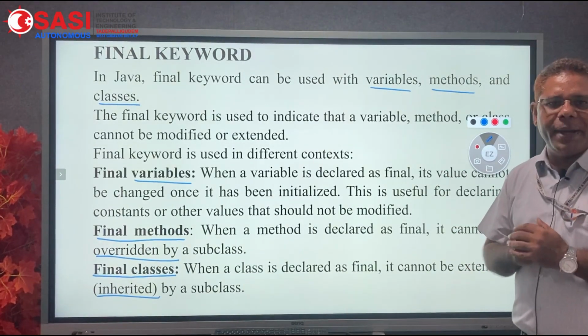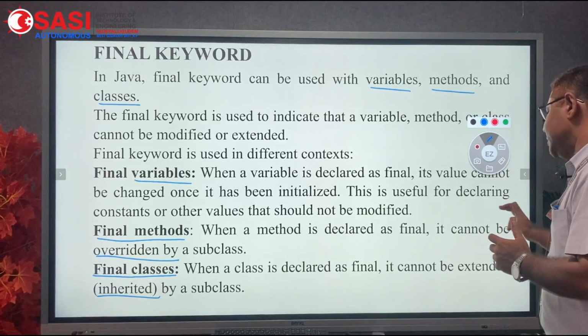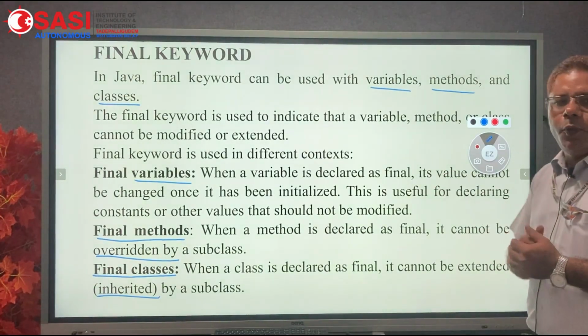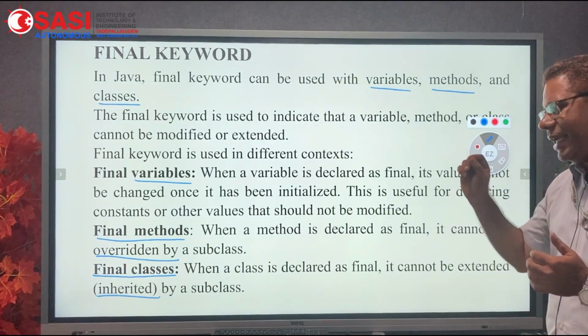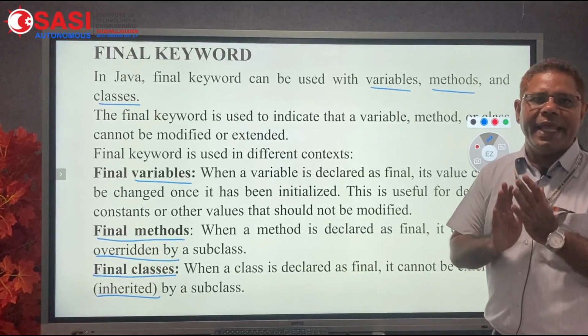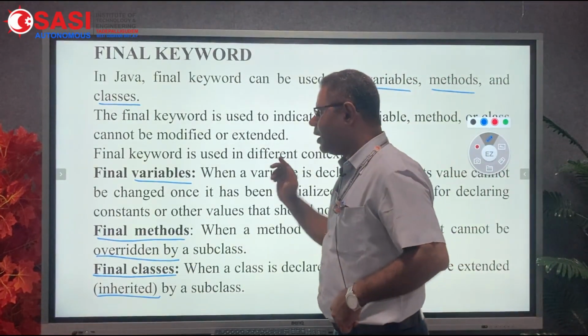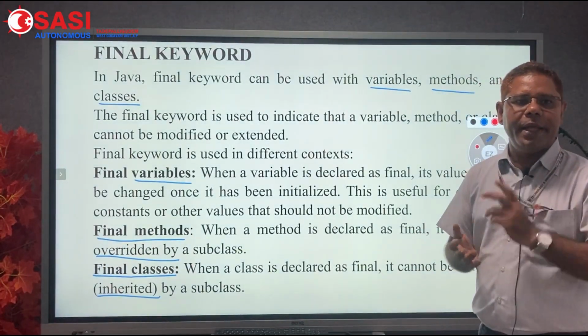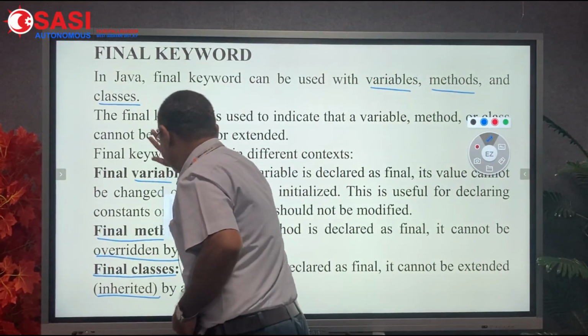When we declare a method as final, that method cannot be overridden. Next, we can also apply the final keyword to classes. In that case, that class cannot be inherited. Now we can see examples for the final variable, final method and final class.